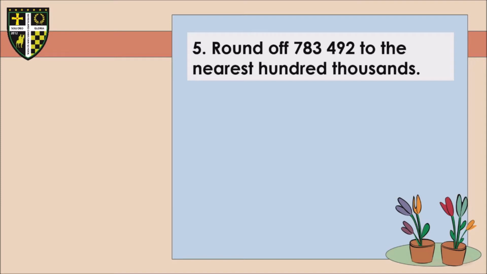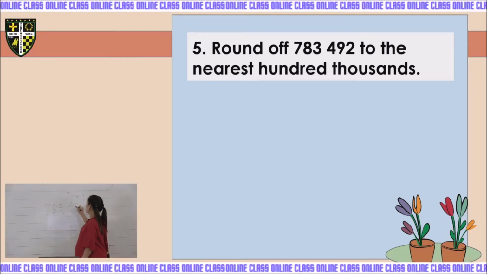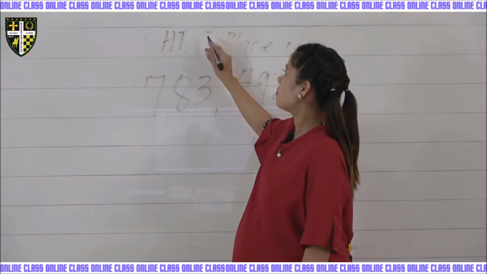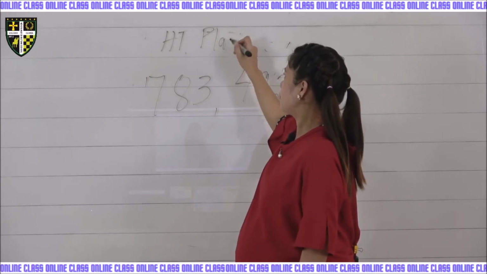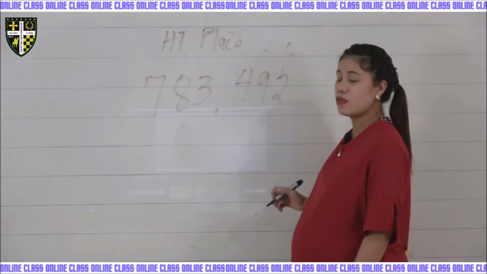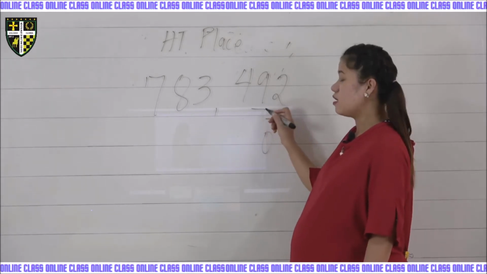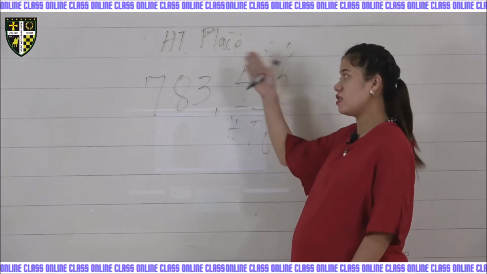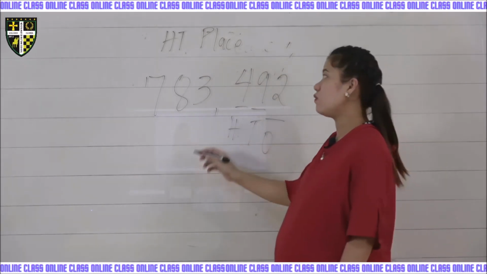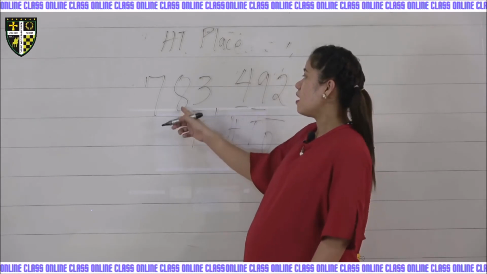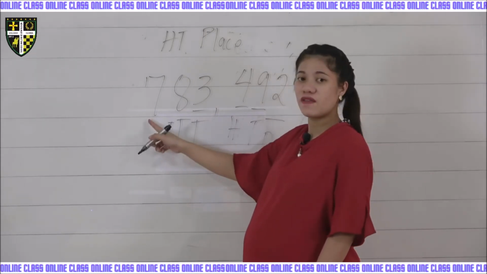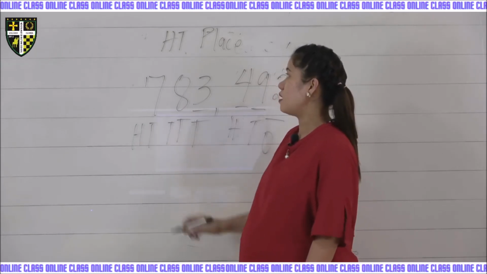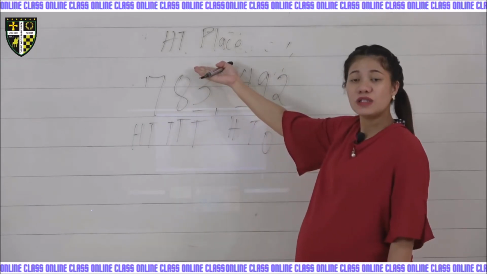So we have 783,492. 2 is the ones place. 9 is the tens place. 4 is the hundreds place. Then let's move on to the thousands unit period, which is 3 is the thousands, 8 is the 10,000s place, and then 7 is the 100,000s place.